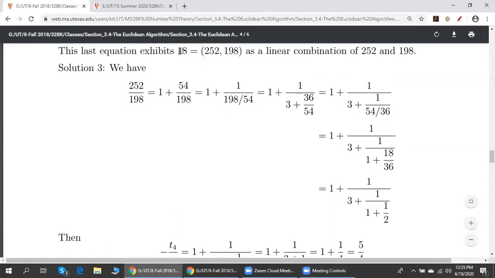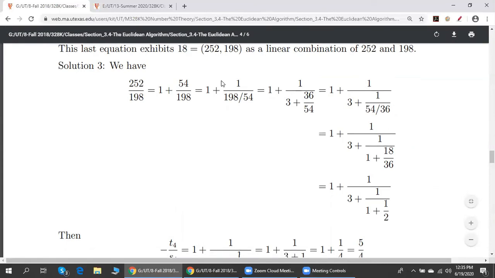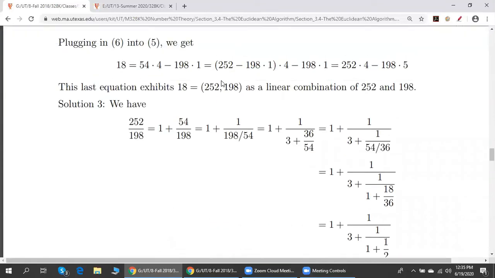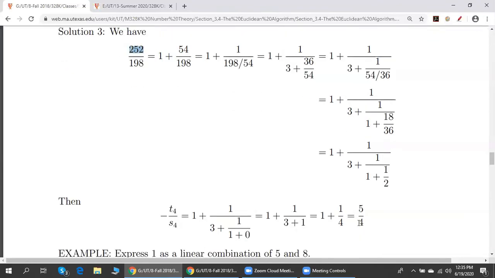Therefore, in order to come up with 18, we multiply 252 by a smaller number, 198 by a bigger number, and then, of course, in between, we have to put minus, because if we put plus, the result will be big. Does this make sense? Yes.